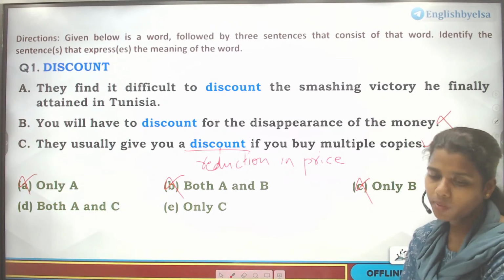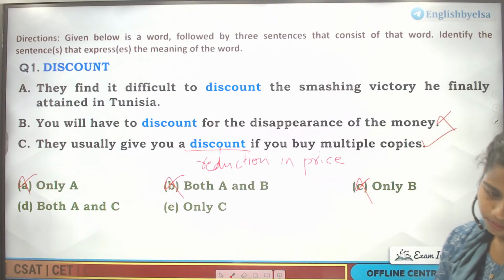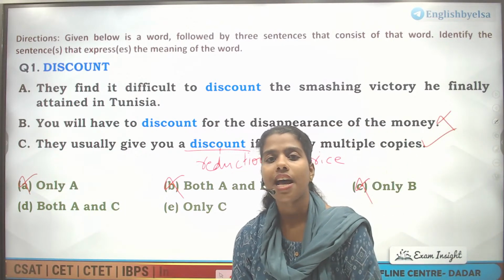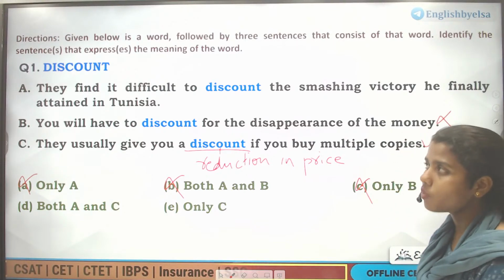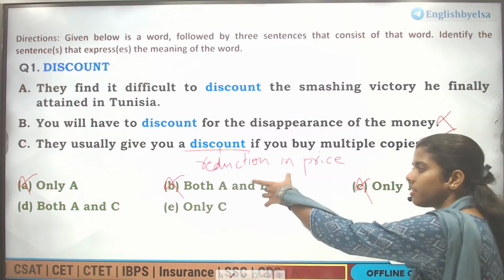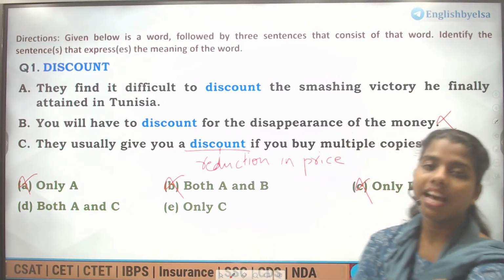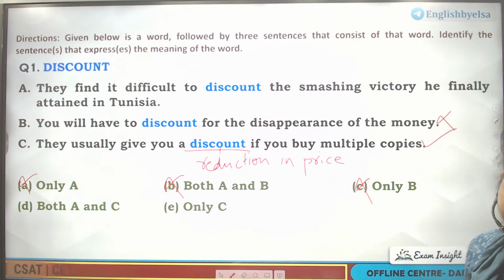What about the first one? Is it correct, or only the C one? What if the word discount has some other meaning other than this? Reduction in price is just one meaning. What if it has some other meaning? Read once more and try to answer.